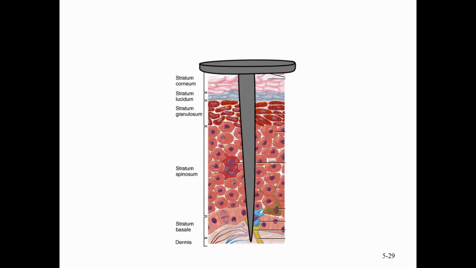The layers that nail is going to go through: we start off with the stratum corneum, then the stratum lucidum, then the granulosum, then the stratum spinosum, then the stratum basale, and then all the way down into the papillary layer of the dermis. So in that case, if we pulled that nail out, we would definitely be bleeding.